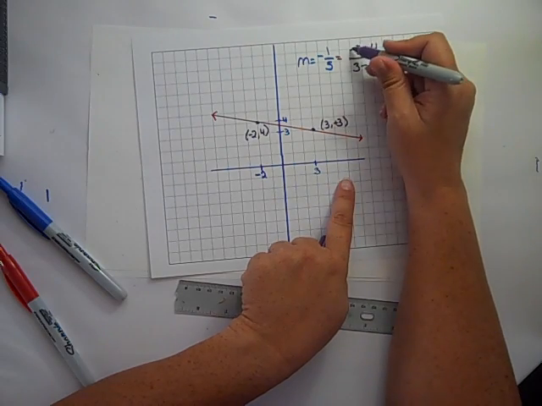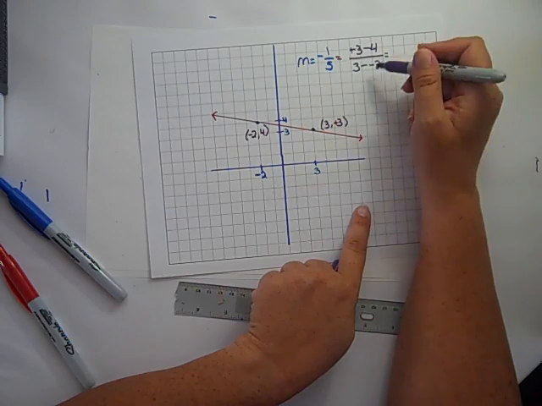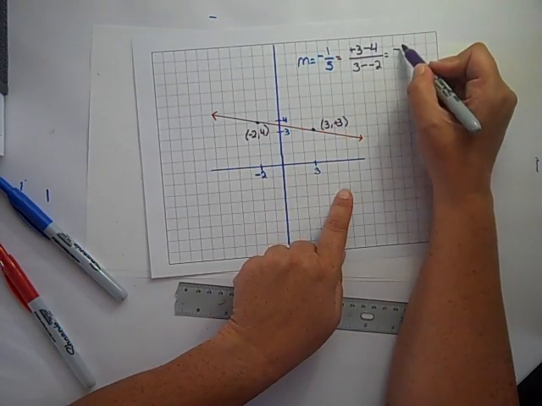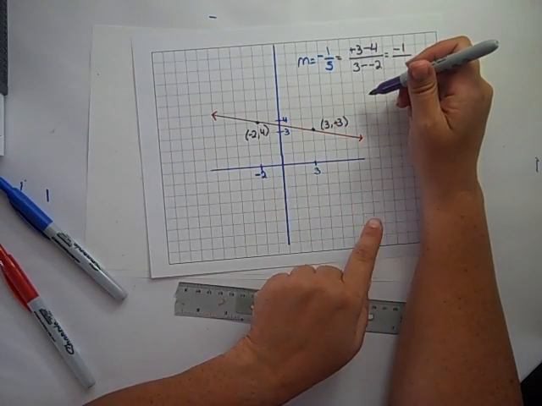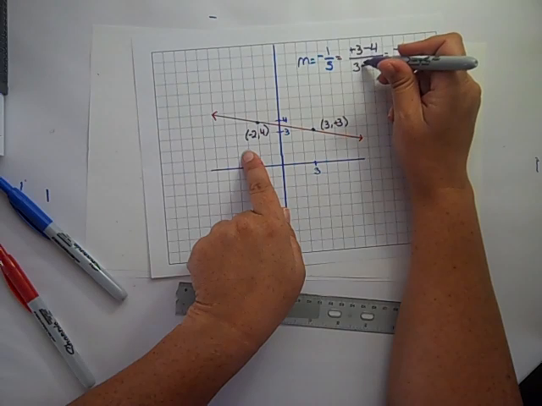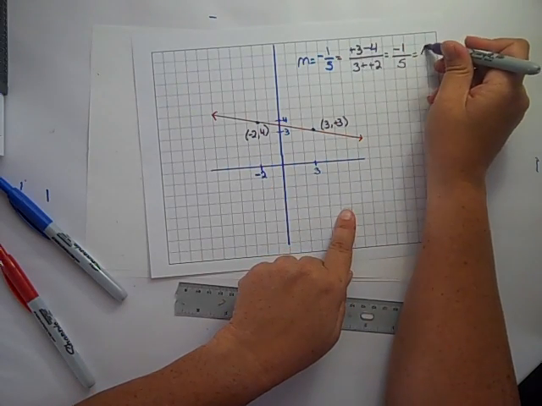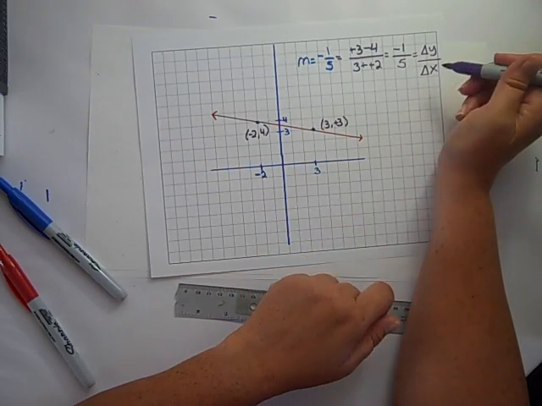There we go. So it's -3 minus 4. Do you see what I just did there? So -3 minus 4 is my change in y, which gives me -7.